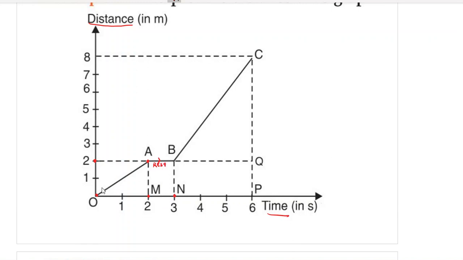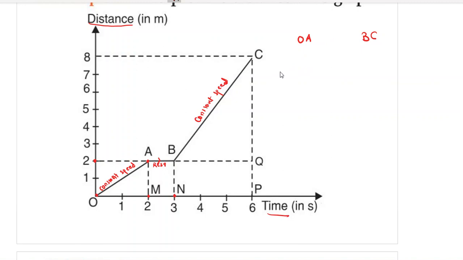This is the position of constant speed. Again, from B to C, it is constant speed. But can you tell me which speed is more, O to A or B to C? For finding speed in a distance time graph, we find the slope.